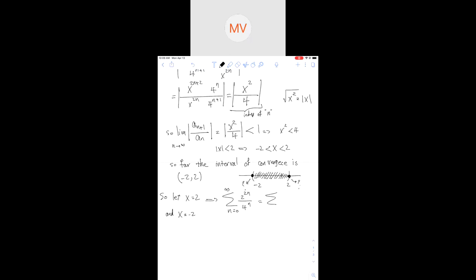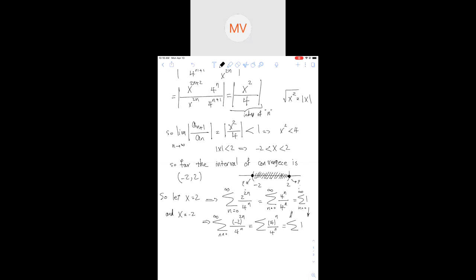This is 4 to the n over 4 to the n, which is basically the sum of 1 from 0 to infinity. Now the other one is also 4 to the n over 4 to the n, so both are the same.